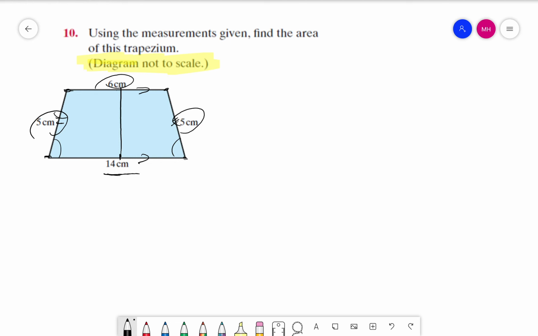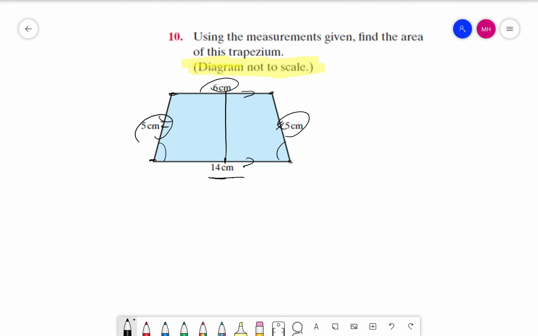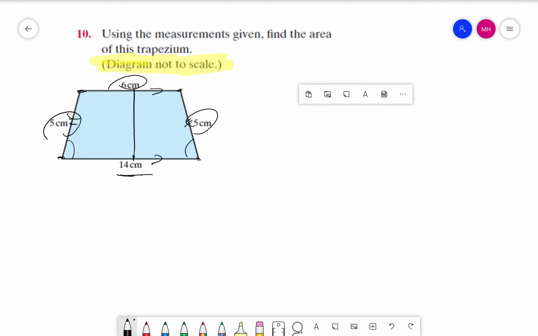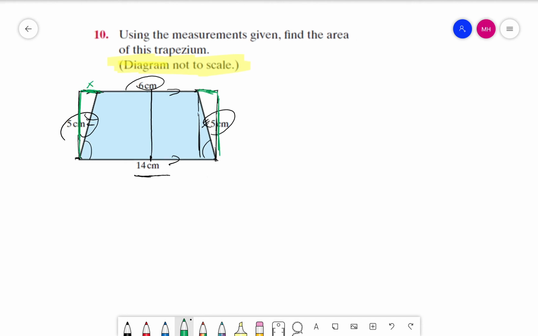So what does that mean? If this line is 14, it means if we were to draw perpendicular lines up, or down, it doesn't matter, but we were to draw these lines up, what you'd actually be doing is getting two sides here that would make up the rest of your 14.